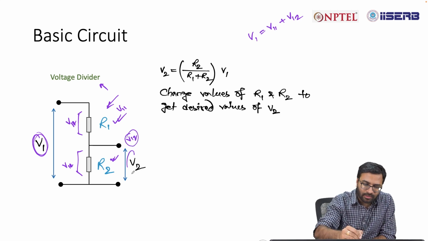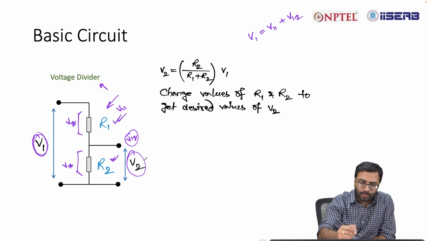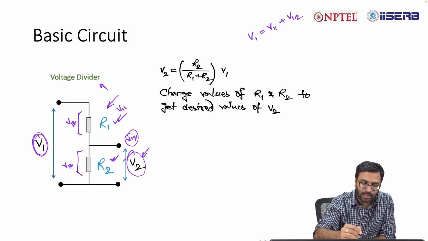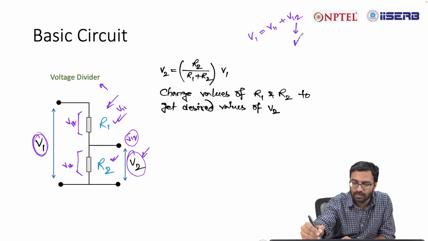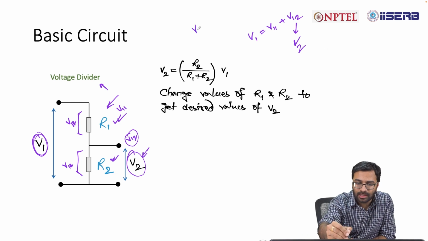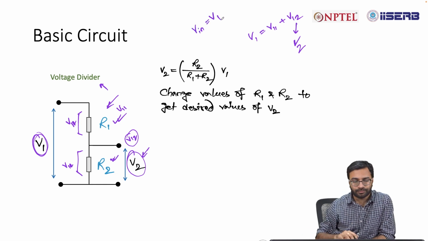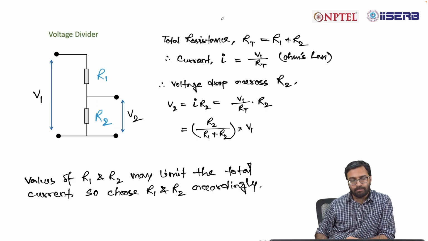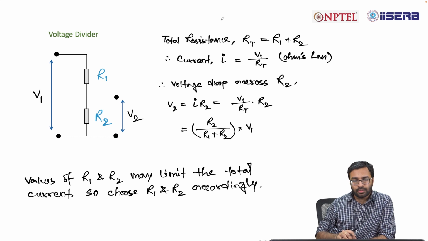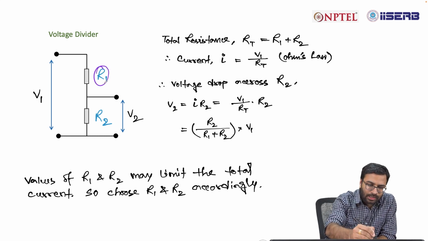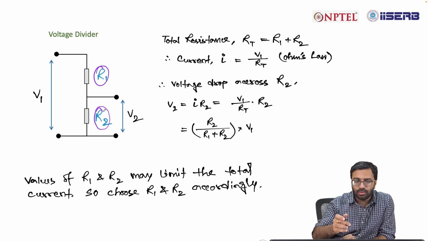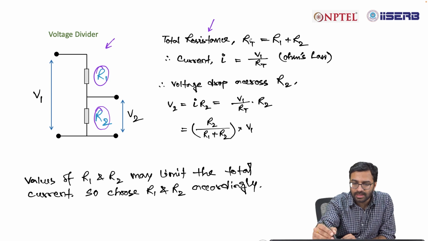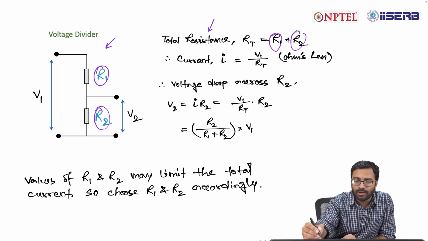In this case, we have taken V2 as the voltage across R2. So your V12 is actually V2 and your Vin, that is the input voltage, is V1. So let us do some simple calculations. In this case, R1 and R2 are both in series. So the total or equivalent resistance of this circuit is RT equal to R1 plus R2.